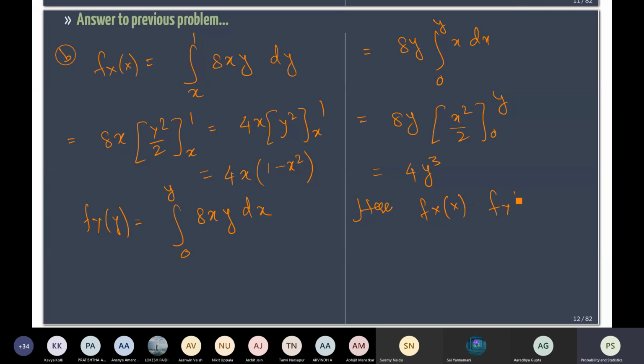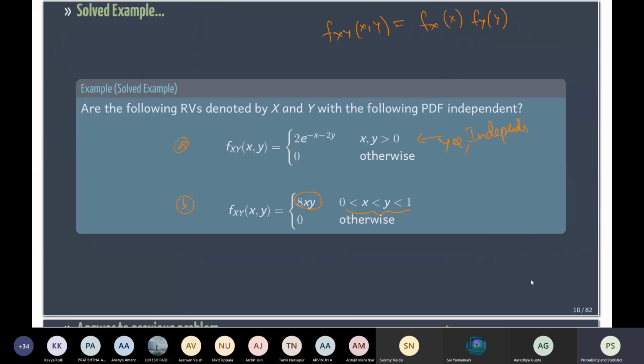Here fX(x) times fY(y) is not equal to fXY(x,y). This implies X and Y are not independent. So this is the case where we saw they are not independent. Remember that you may be tempted to say that this can be split, in the sense that I can write an x part and a y part. But the range also plays a role.